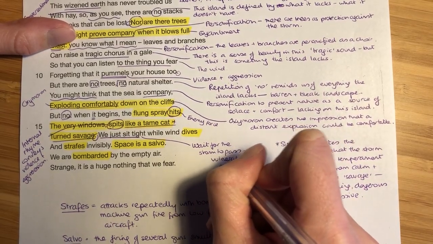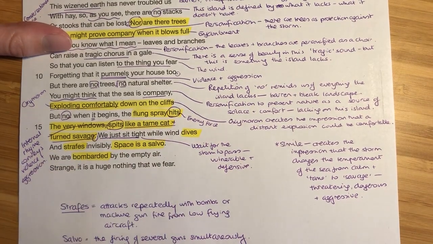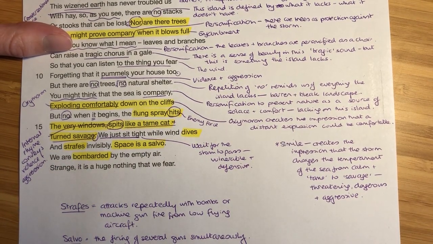and defensive. While wind dives and strafes invisibly. Now, Heaney does this wonderful thing in the last few lines of this poem, which is to develop an extended metaphor. And in this metaphor, he compares the storm almost to a fighter plane or to this enemy attacking force.